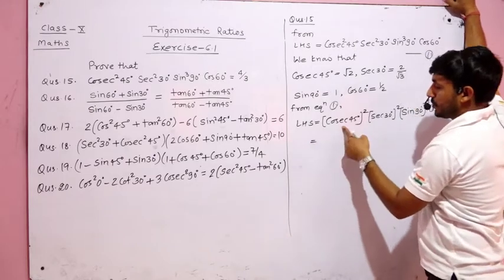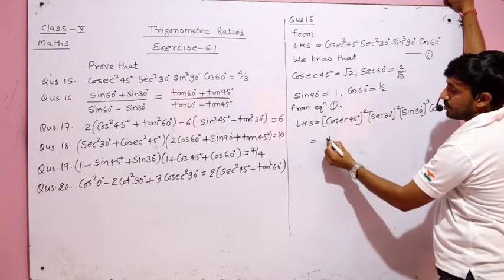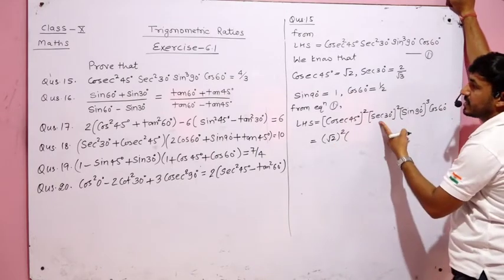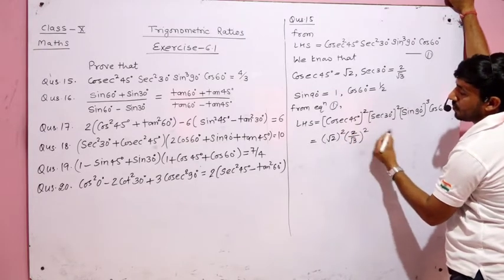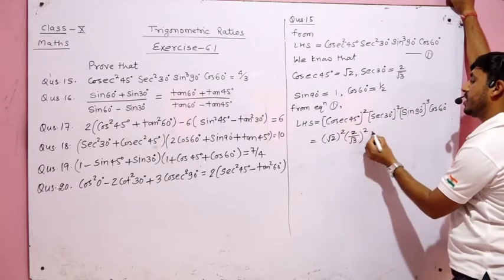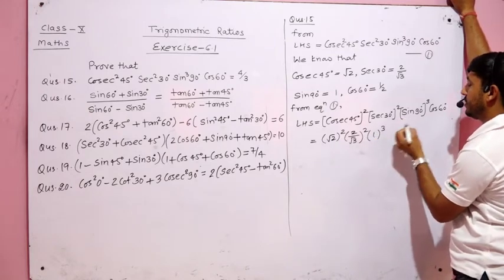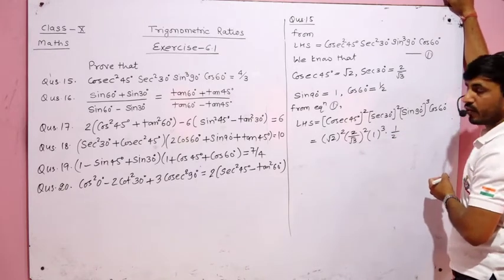Okay, first substitute all the values. The value of cosec 45 degree is root 2, so we have the square of root 2, multiplied by sec 30, that is 2 upon root 3, the square of 2 upon root 3. Next we have sin 90 cube, it means the cube of 1, and then cos 60 degree, that is equal to 1 by 2.